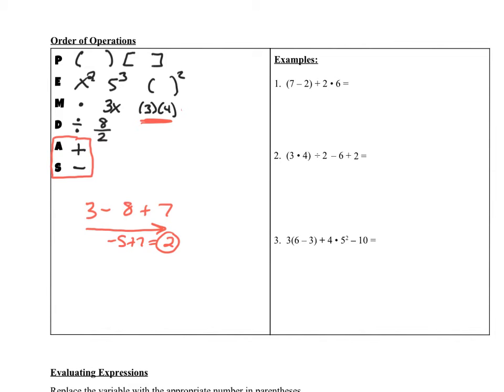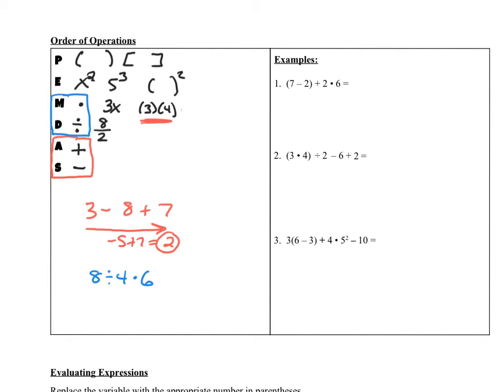The same thing is true for multiplication and division. If that's all that's left in the problem, you should do it left to right. For instance, if you had 8 divided by 4 times 6, okay?